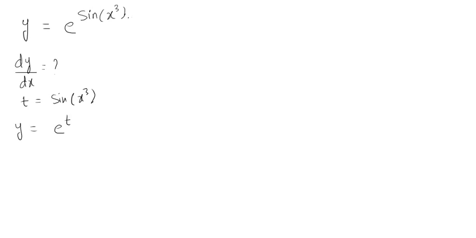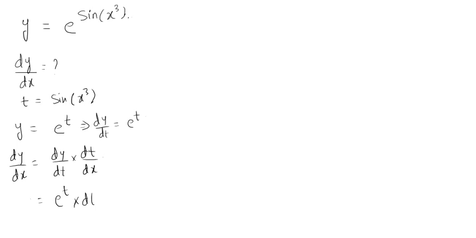I have to differentiate it with respect to x, not with respect to t. So dy by dx can be written as dy by dt into dt by dx. Now dy by dt is nothing but e to the power t only. So it will be e to the power t into dt by dx.